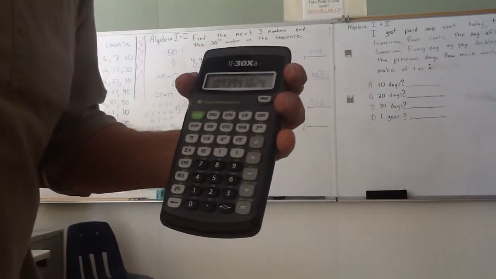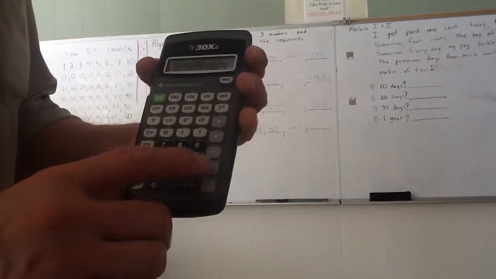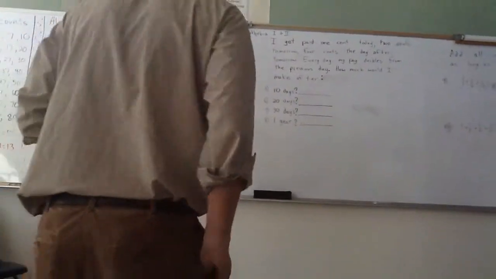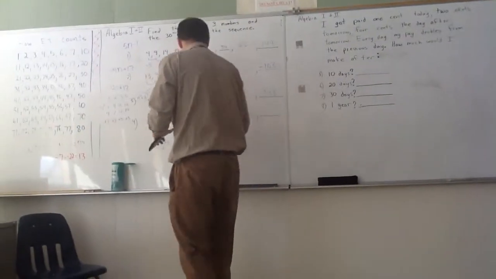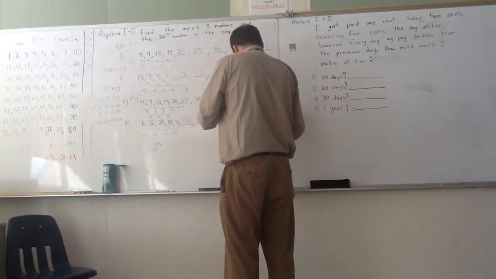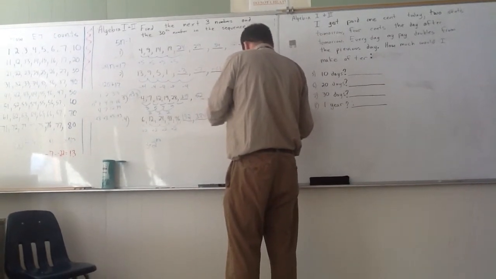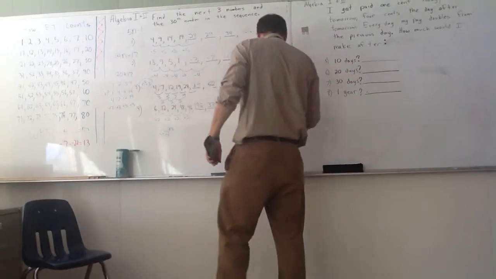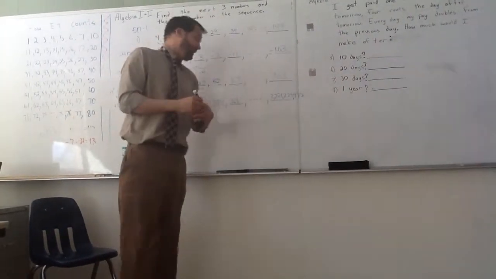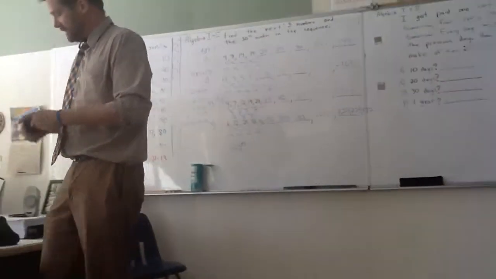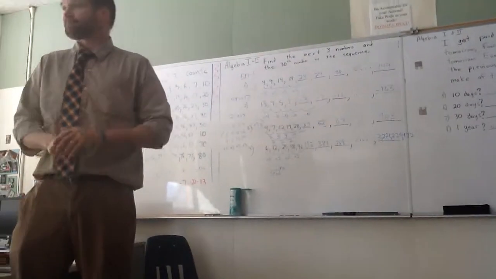And then finally, you press times 3, and you get 3,221,225,472. Not real chump change, huh? Okay, stop it.